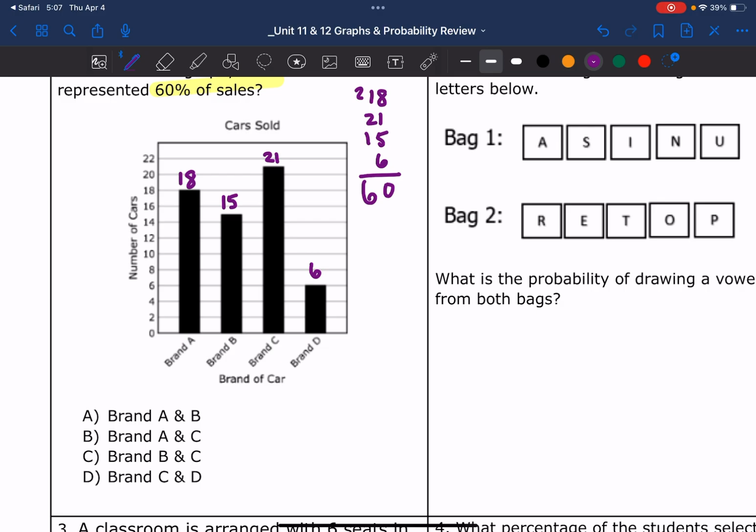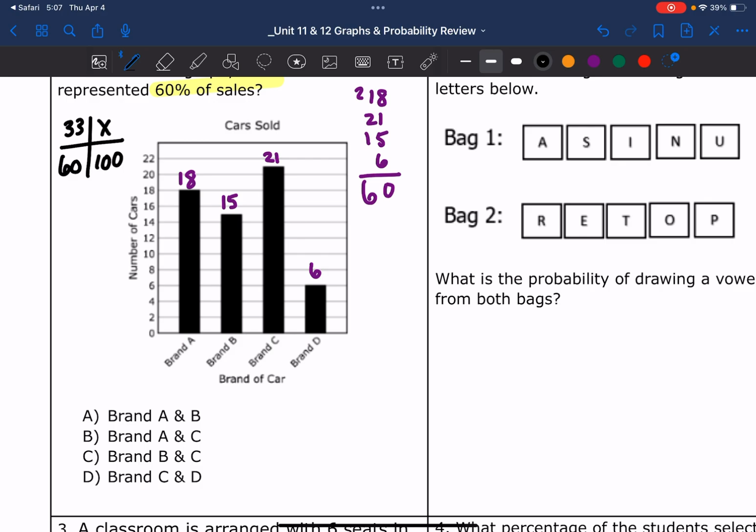Okay, so yesterday in class for 7th period, I showed y'all two different ways. I'm going to do this one in black real quick. But here, if we were looking at just brand A and brand B, okay, we would add 18 plus 15. 18 plus 15 added together would be 33. Put that right here over the total, X out of 100.